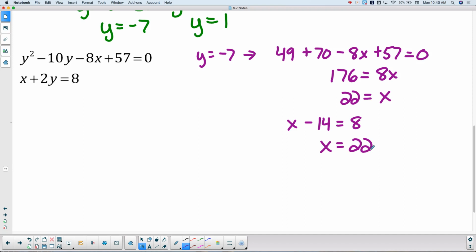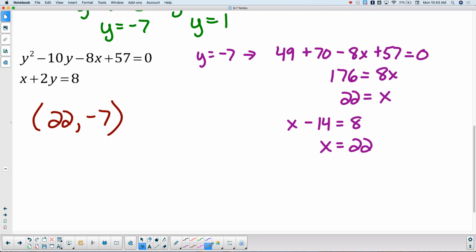So that gives me the point, oops, nope, tap the brakes. Doesn't give me negative 7. Gives me the point 22, comma, negative 7. And that's a solo one because we didn't get plus or minus anywhere.